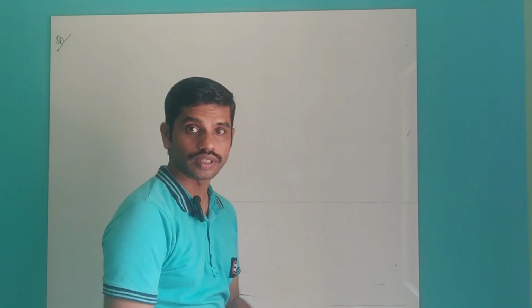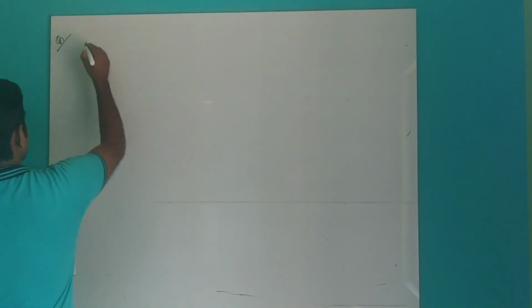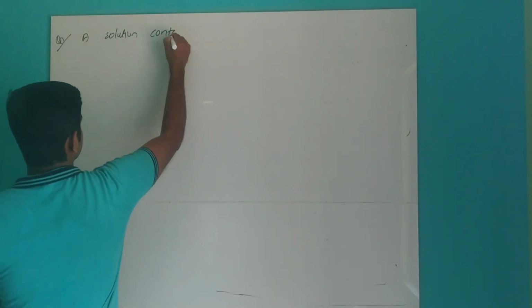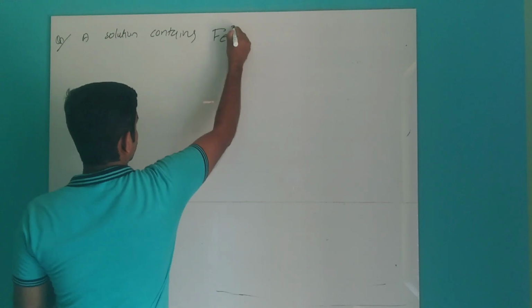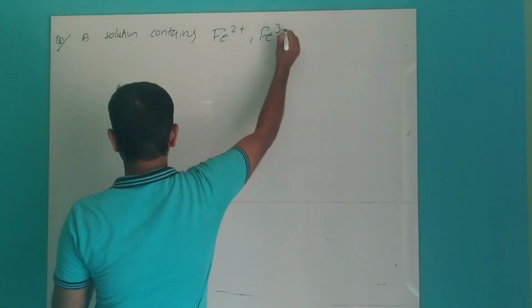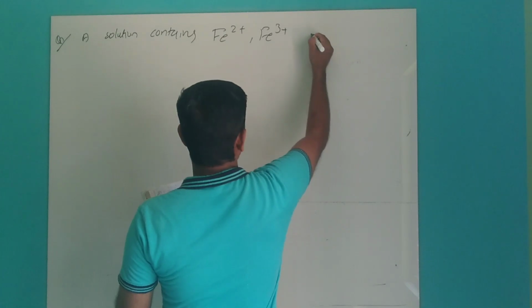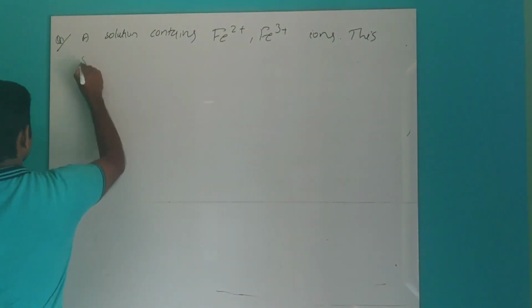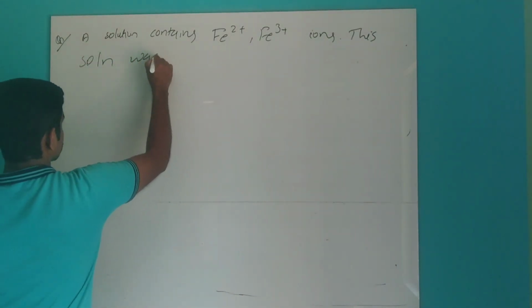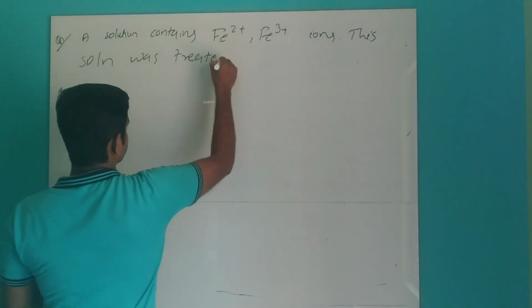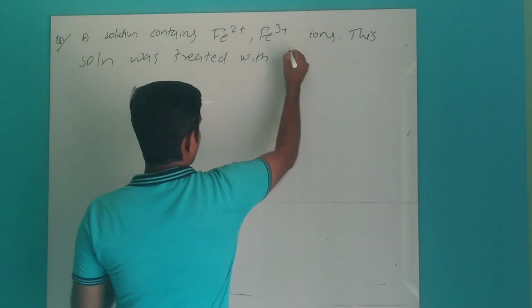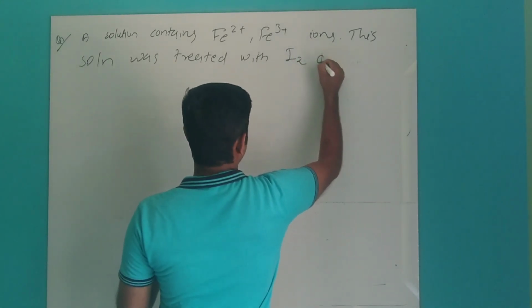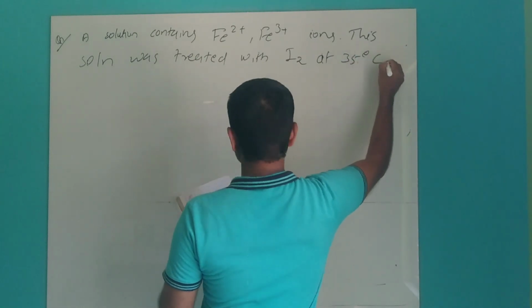So the next question is, a solution contains Fe2+, Fe3+ ions. This solution was treated with iodine at 35 degrees Celsius.